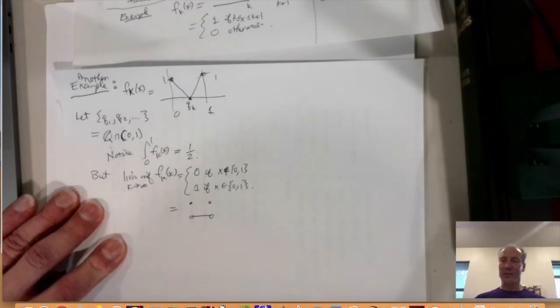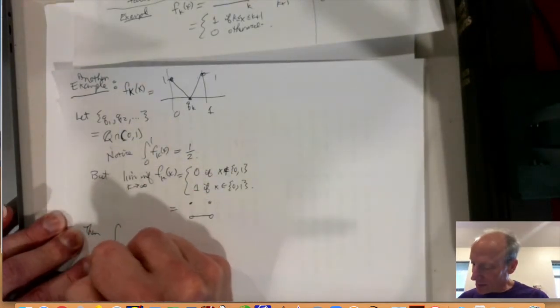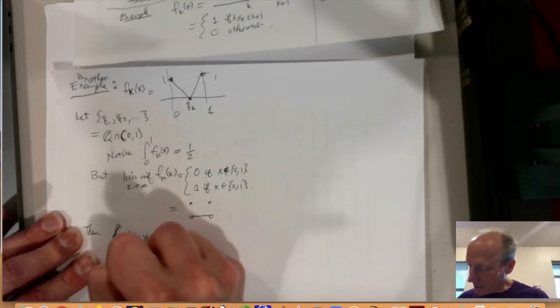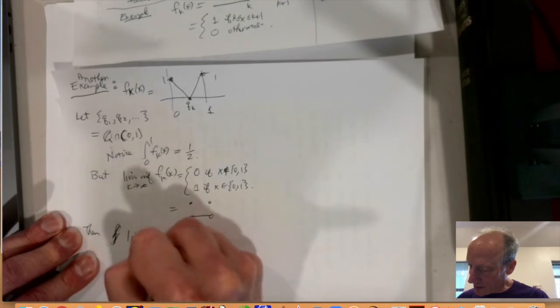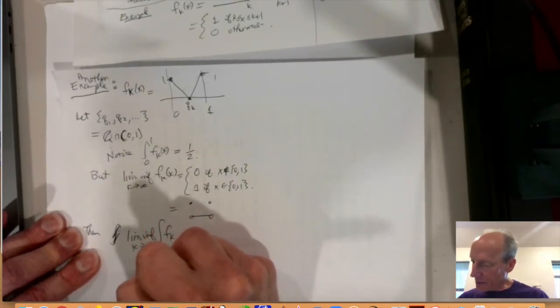that's the lim_inf. And then if we take the integral of, well, let's see, I stated it the other way. Lim_inf as k goes to infinity of the integral of fk over 0 to 1.